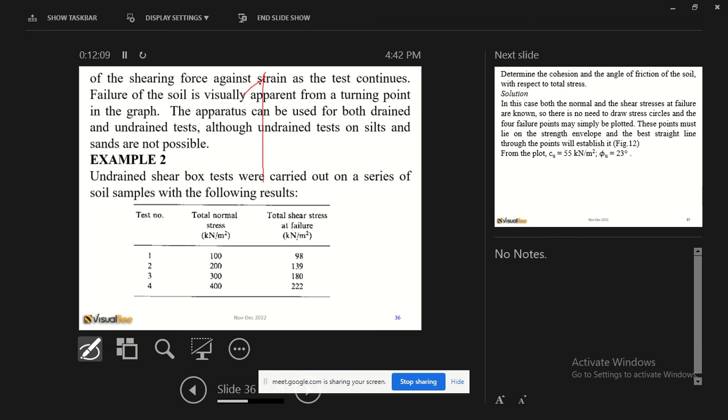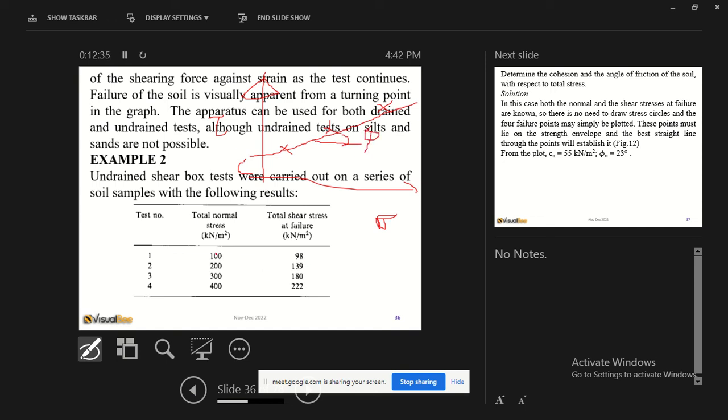In fact, if you are not asked to draw the Mohr circle, then all you need to do is just, this is sigma. Sorry, remember the scales have to be the same. So 198 you plot, 200 and 139 you plot, whatever, and then you draw a nice straight line from which you can read off here C, and then you can measure the phi there.